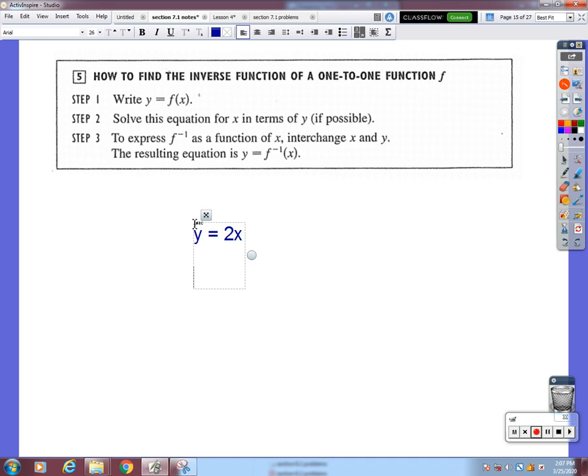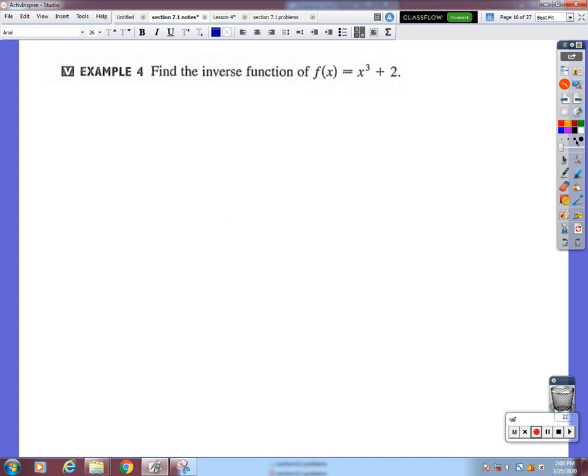The way that you would find the inverse of that is to switch the x and the y, and then you would solve this for y by dividing both sides by 2. So in this case, y would equal x divided by 2. And to indicate that this is the inverse that we have found, we would really like to use that notation. So in this case, the inverse would be x divided by 2. Switch the x and the y, solve for y.